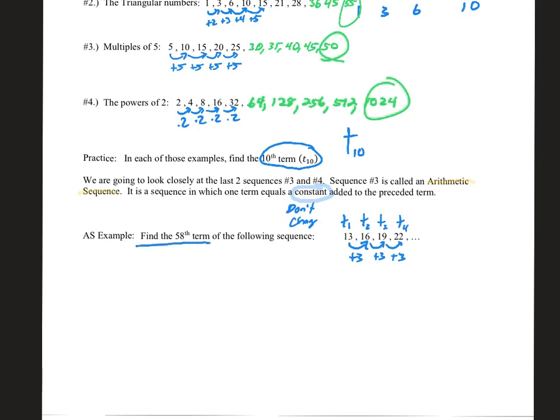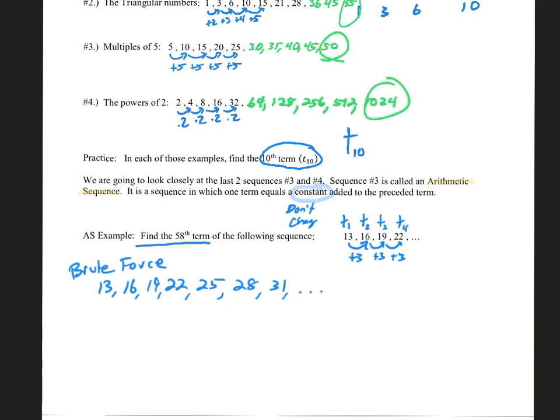Now, if we were going to do this problem using brute force, we would write out terms until we got to the 58th term, right? And so we would just continue this pattern of adding 3, but you could see that this would get old and tired very quick, and we would have to count it all the way out to the 58th term.